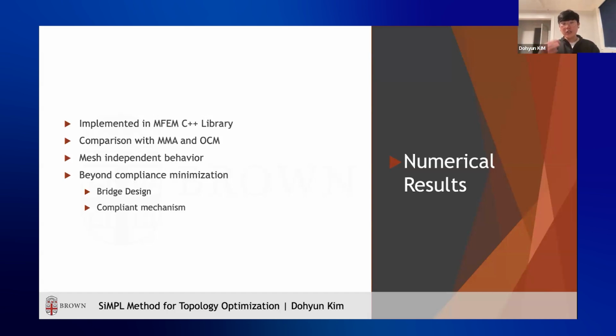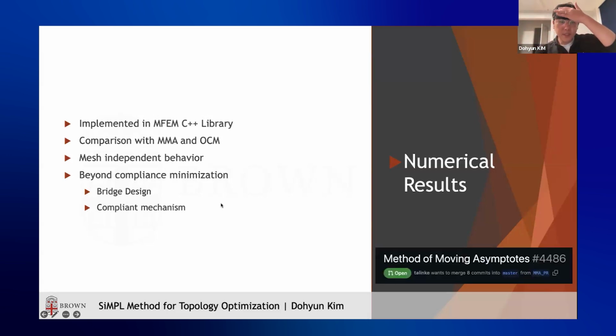That means that to obtain a similar quality solution, the number of iterations does not grow as we refine the mesh. And also we have some examples other than compliance minimization.